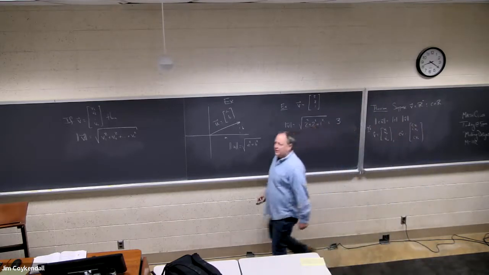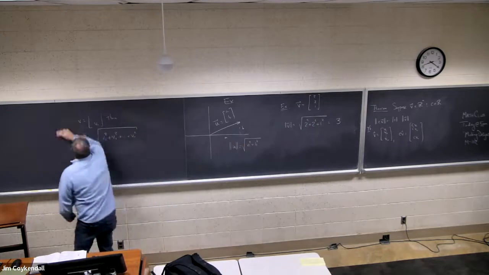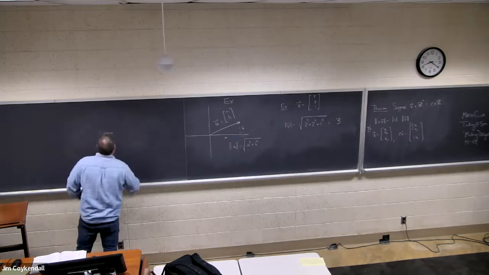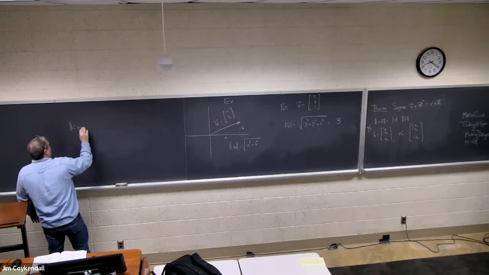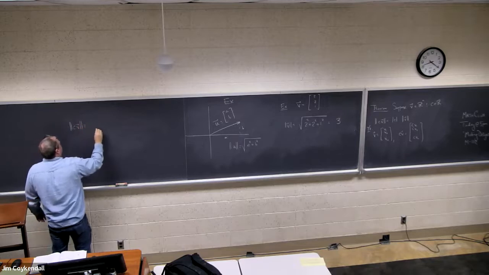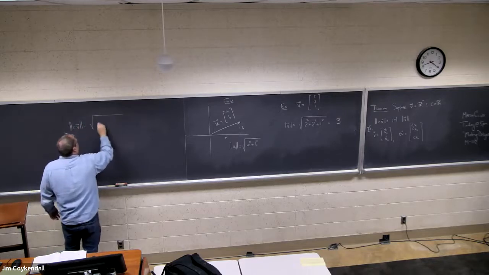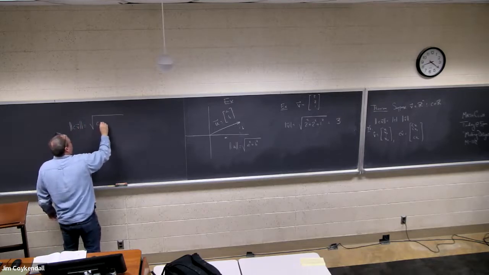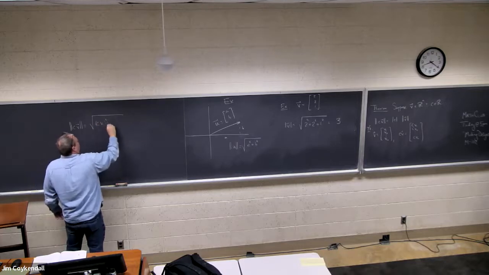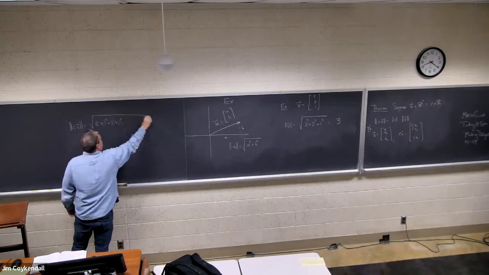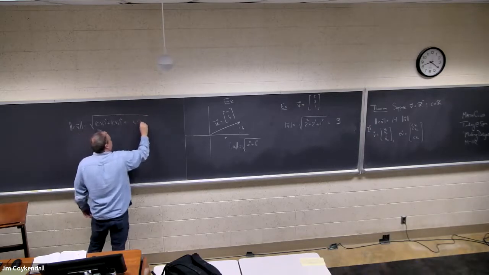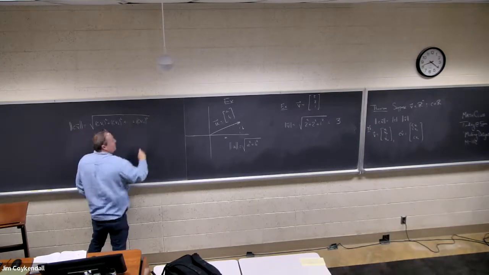And if you look at the length of CB, this is the square root of CB1 squared plus CB2 squared, through CBn squared.